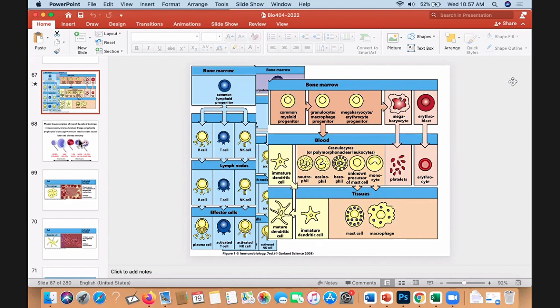But what I said today was that the journey starts from the double negative population. You can find these double negative cells also in bone marrow, and bone marrow is not the site where the T cell development process is completed. So these double negative cells make their way to the thymus.